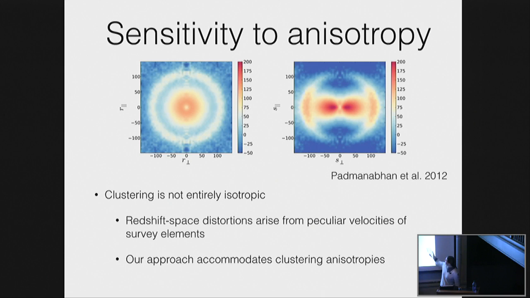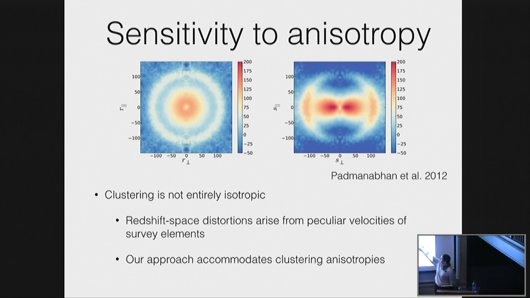So I've plotted some stuff from a 2012 paper, and on the left is a two-dimensional plot of the two-point correlation function. The x-axis is looking perpendicular to the line of sight, and the y-axis is looking along the line of sight in your sample. You can see there's a central hotter zone in the color plot where there's going to be more stuff closer to other stuff. And then you have that secondary ring, which is the BAO peak, the characteristic distance that we see between galaxies that comes out of the early universe.